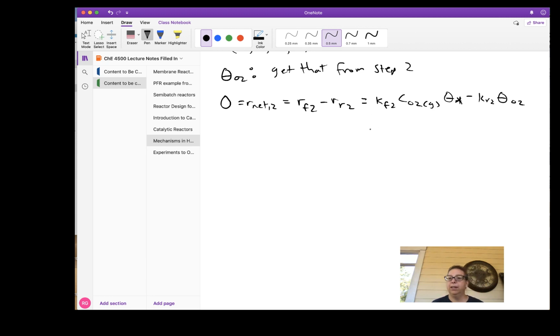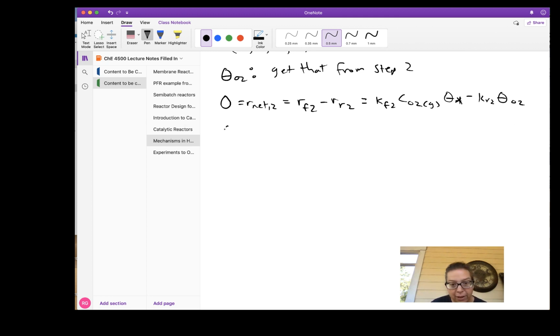Or alternatively, since I had already made the assumption, this is the full way to write this out, but I had already made the assumption that this reaction was in equilibrium. Because of that, if I set this equal to 0 and I solve for theta O2, I'm going to come up with an equilibrium constant.